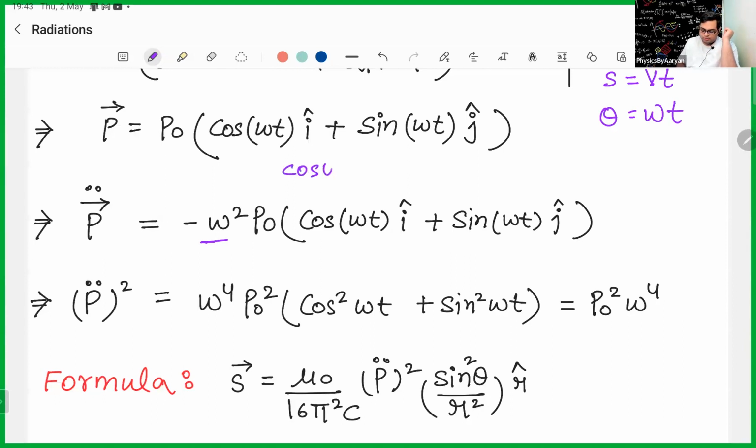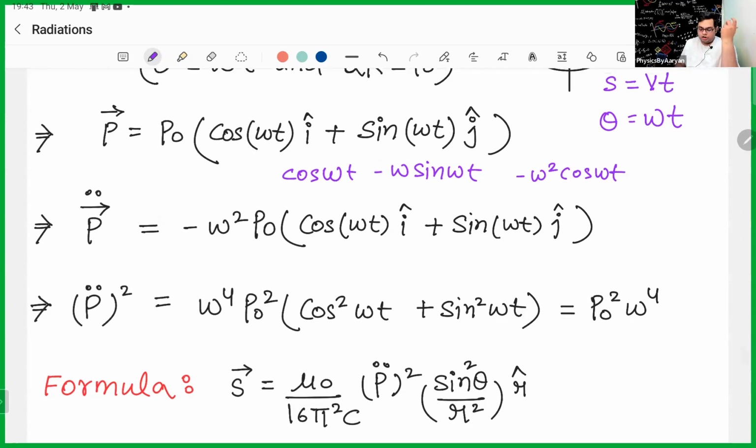Differentiating cos omega t gives minus omega sin omega t, and differentiating once more gives minus omega square cos omega t. Similarly, differentiating sin omega t twice gives minus omega square sin omega t back. So this is my P double dot.